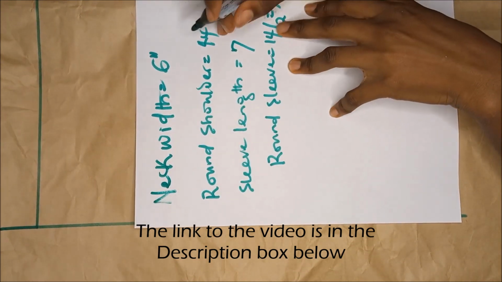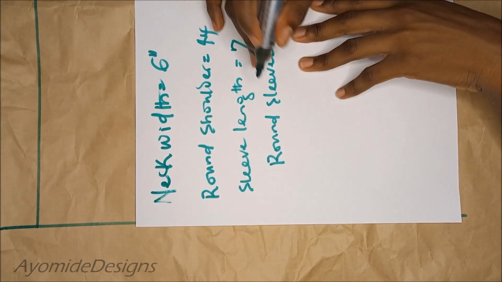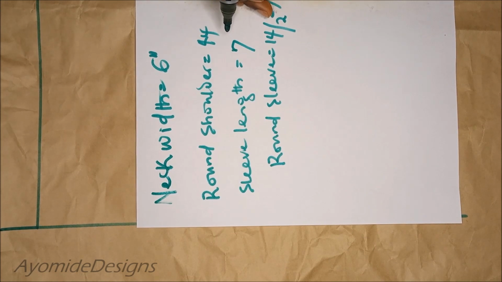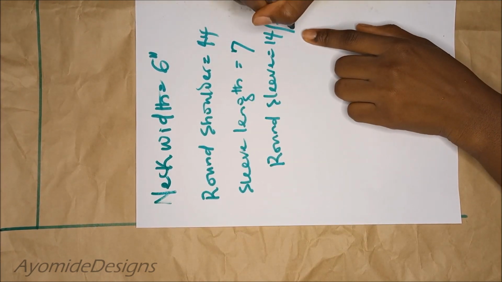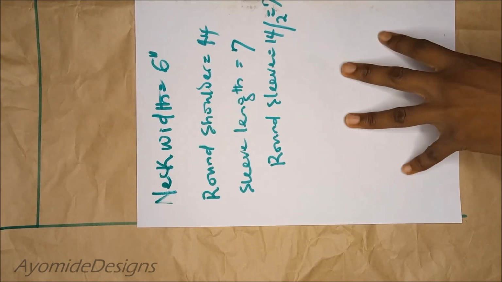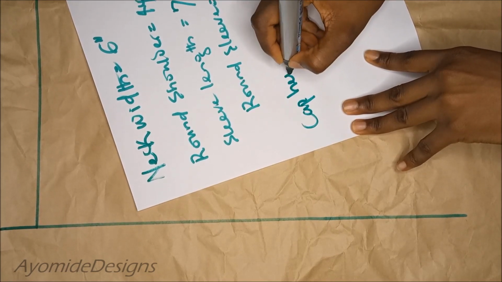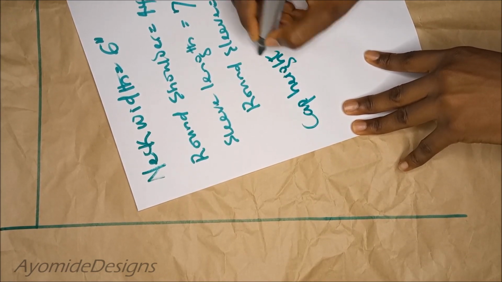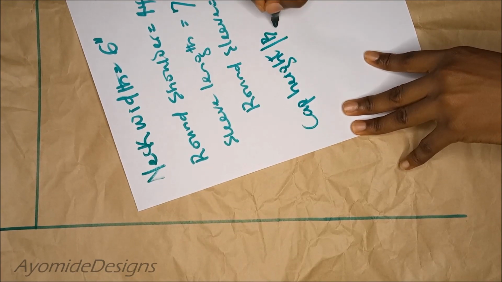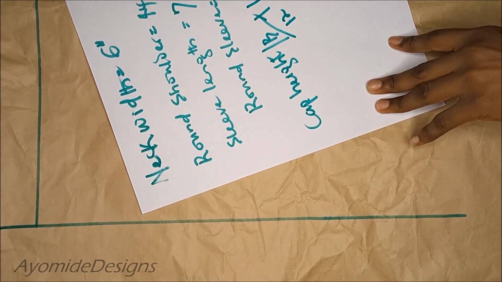Now the round shoulder I am working with is 44, the sleeve length is 7, and the round sleeve is 14, and I'm going to be dividing it by 2 to give me 7, since I'm going to be cutting on fold. Another measurement we need is the cap height, and the cap height is the bust measurement divided by 12 plus 1 inch.